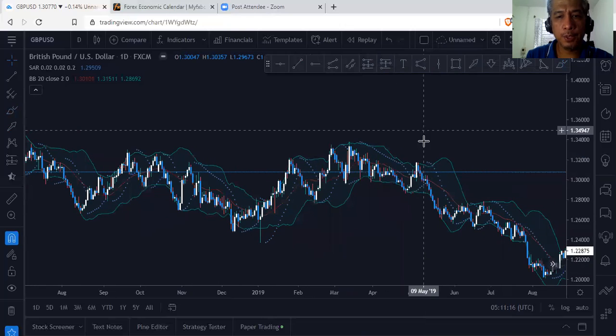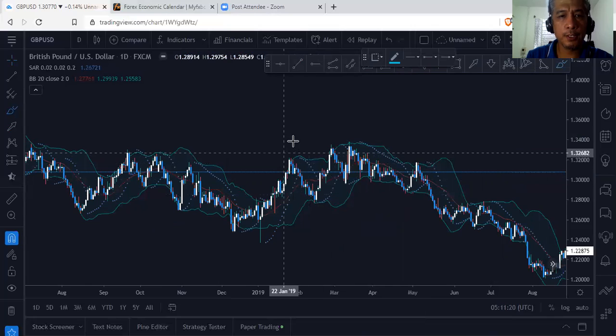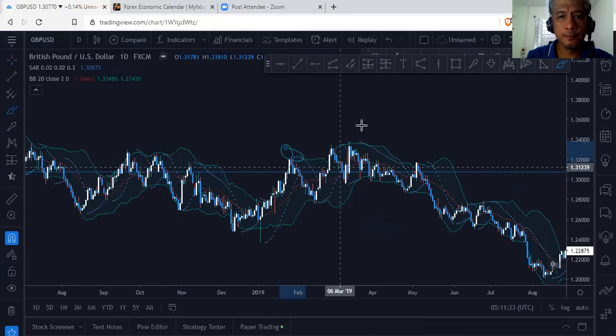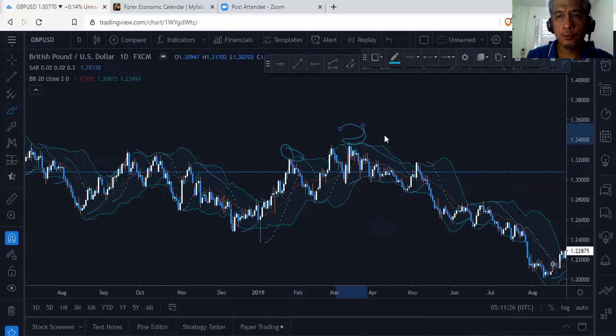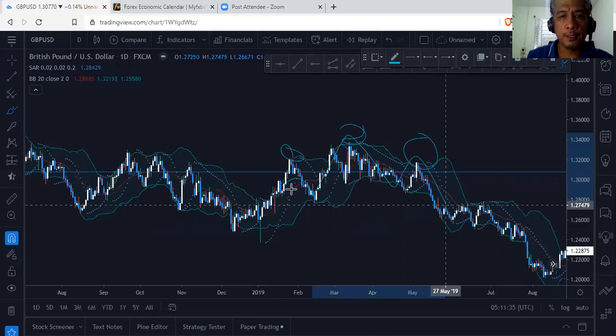So as we go here, a head and shoulder pattern was formed right here. See that one? Head and shoulder pattern. And an M is forming. See that? M pattern.